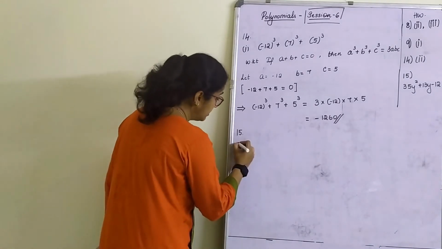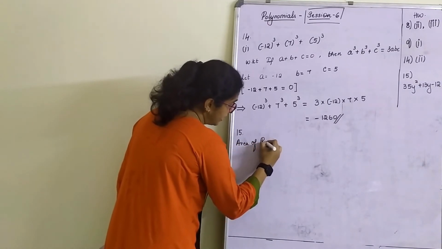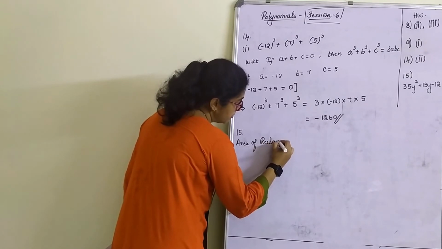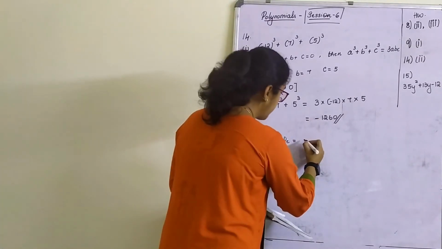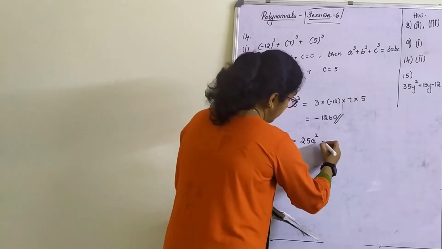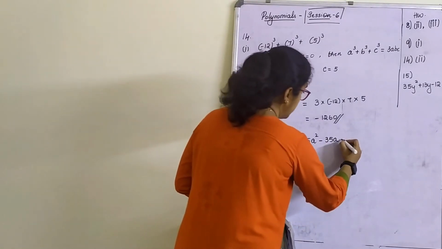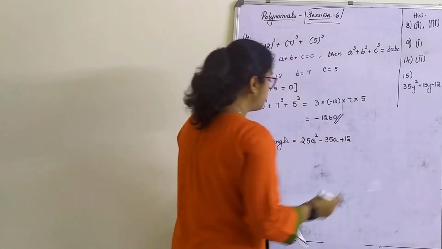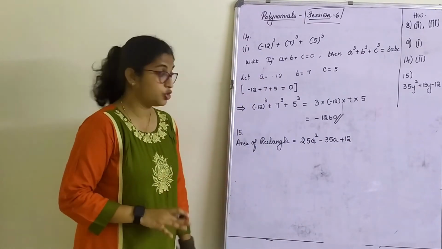We will write here area of rectangle is equal to what? 25a square minus 35a plus 12.